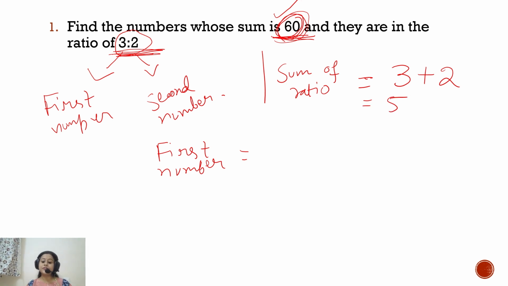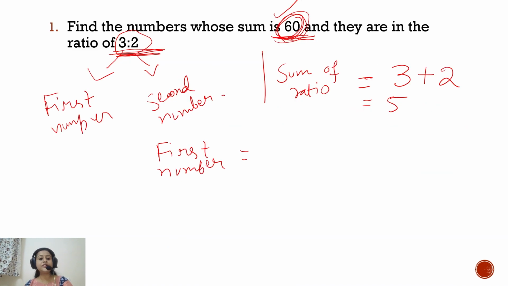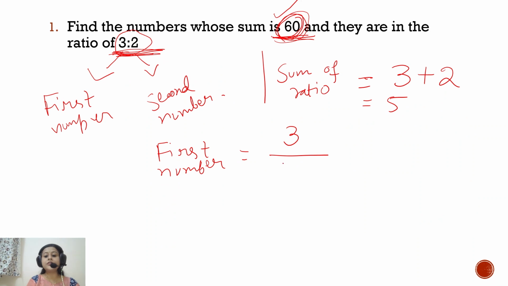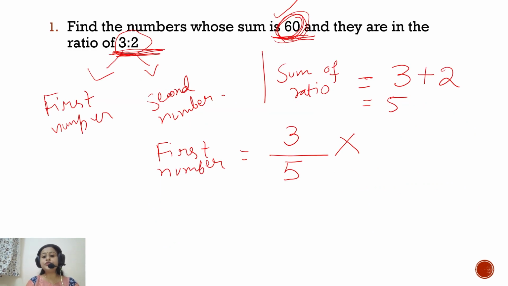As per the previous formula, to calculate the first part, in this case the first number, we take the first term of the ratio, which is 3. So 3 by the sum of the ratio, 5, multiplied by the total number which is given, here 60.